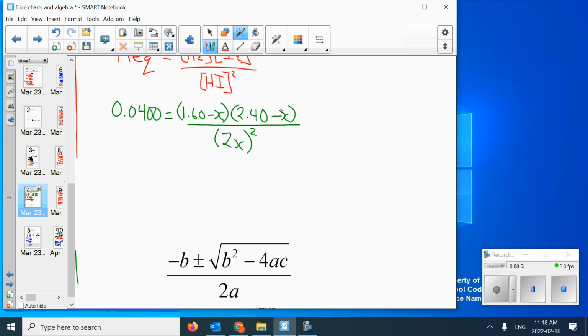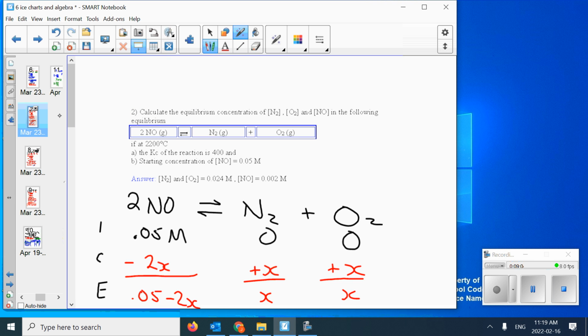Understand which one I like best. I'll go with this one. Okay, I'm going to flip ahead. I'll just give you one problem. You know, I like this one.